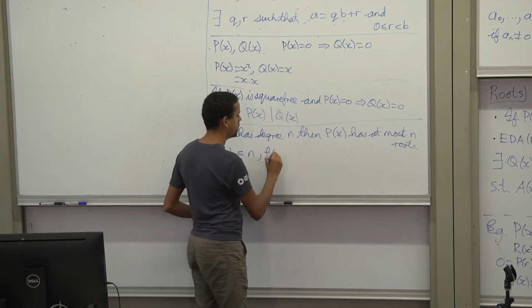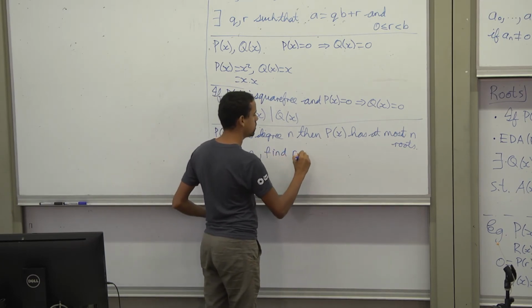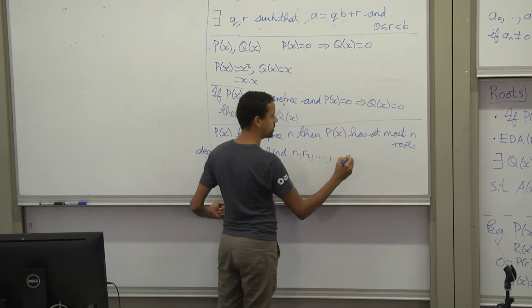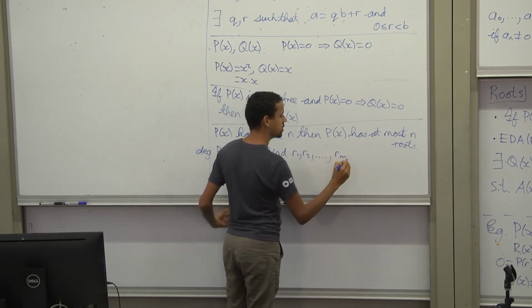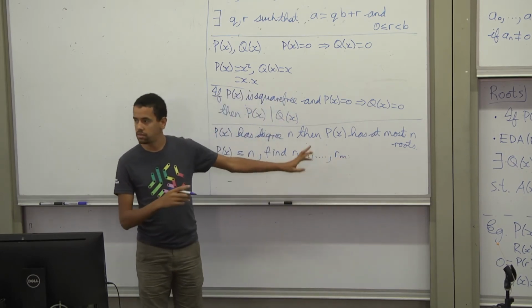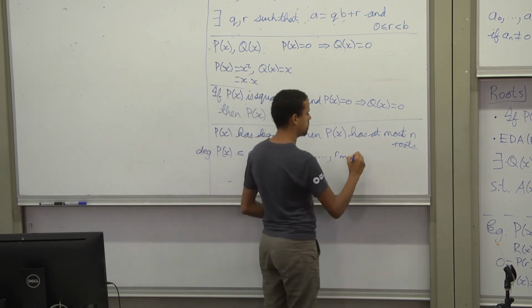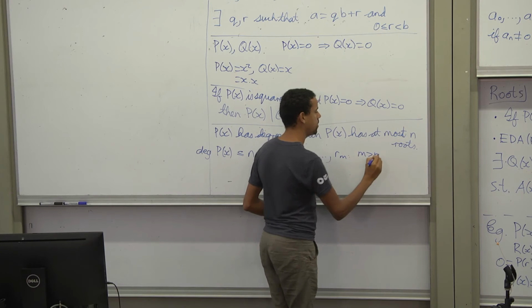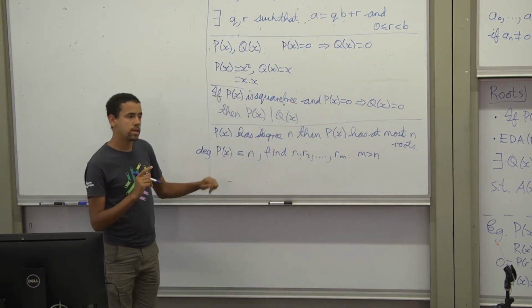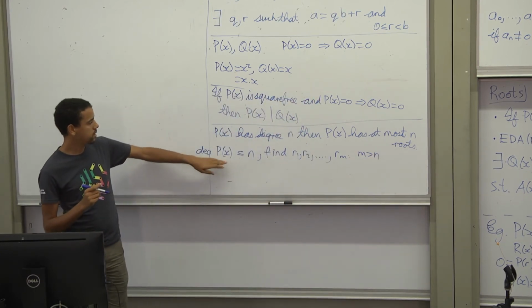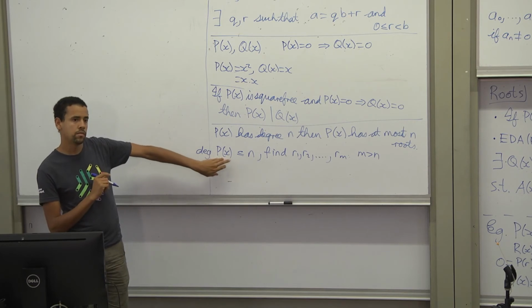So if you find r1, r2, up to rm, a certain number of roots, possibly even infinitely many roots, where m is greater than n. The only way that can happen is if p is always 0.